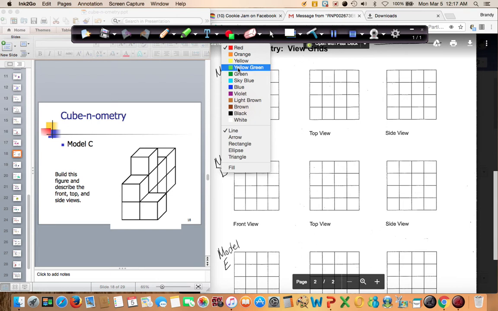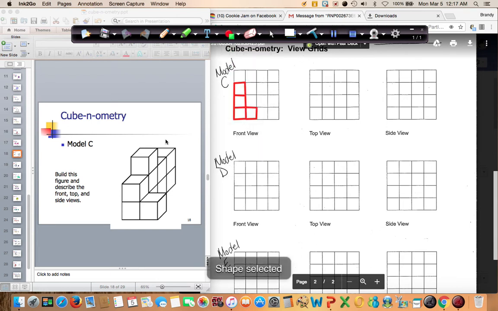If I'm looking at it from the top, I see it goes 1, 2, 3, 4 blocks back. Because remember, now I'm standing up here, or I'm in a plane and I'm looking down. So I know it's going to go back all these blocks.